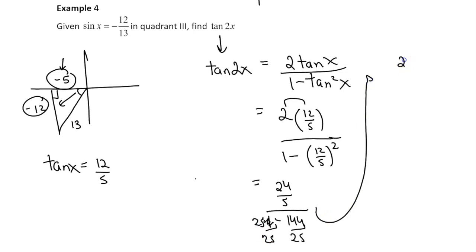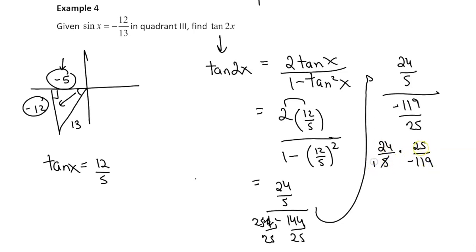We would get 24 over 5 all over negative, what would that be? I think that'd be negative 119 over 25. And then we can times by the reciprocals, and we could say 24 over 5 times by 25 over negative 119.